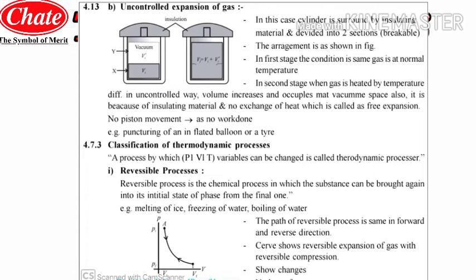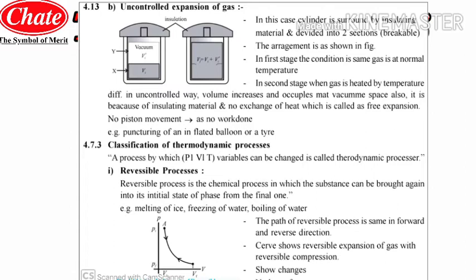Okay, so this is the first stage, students. They have given the x and y stages. At the x stage, the temperature will be normal, and y is the other section.